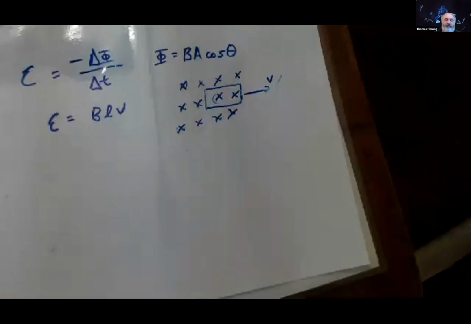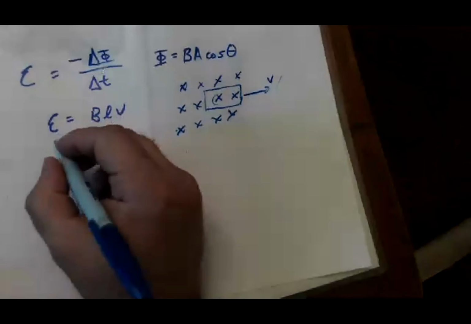And if that's the case, there's an induced EMF that's going to try to keep the flux the same, and that's going to fight me as I pull it out. All right, so that was motional EMF. That's the EMF you get when you pull out of that magnetic field.